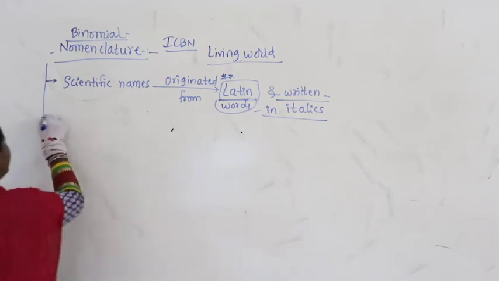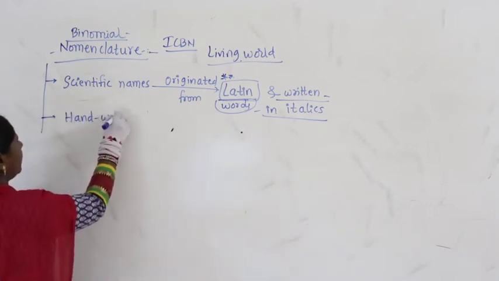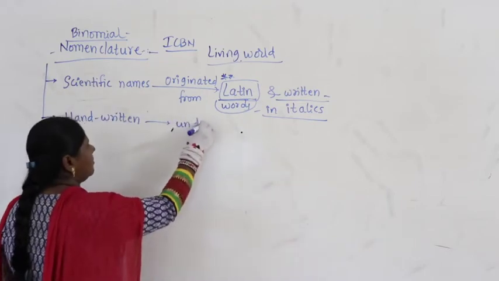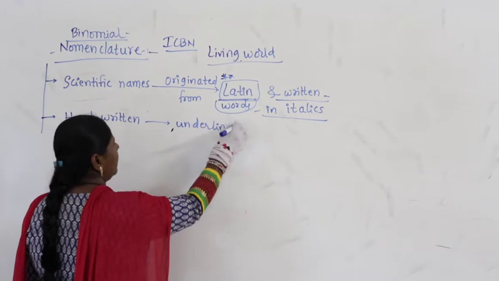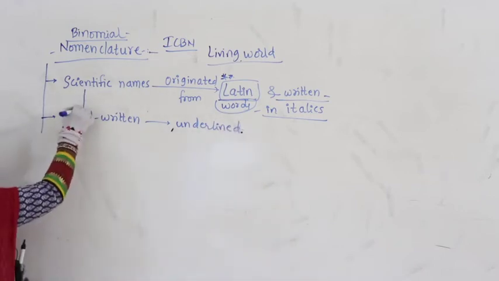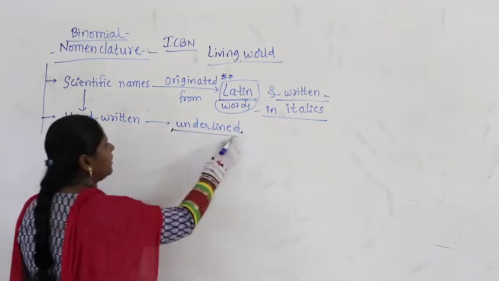Meaning what? When they are handwritten, they should be underlined. So this is the continuation of this. When scientific names are handwritten, means when you are writing the concept, when you are writing the theory part on the paper, you need to underline the scientific name.